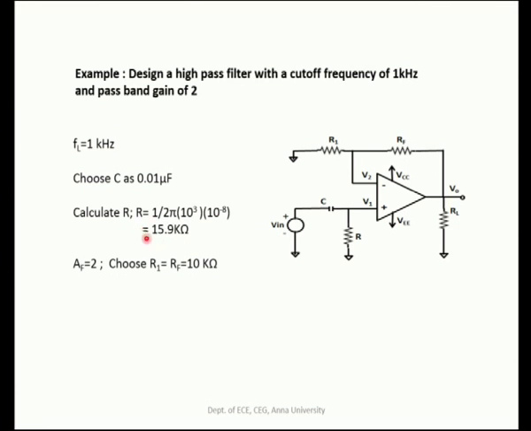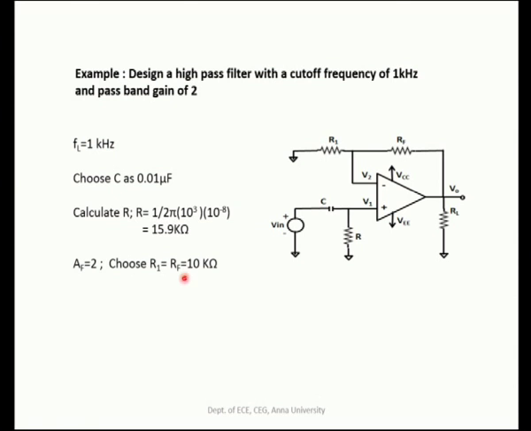The resistance we get is 15.9 kilo ohm. So R must be 15.9 kilo ohm, the C used is 0.01 microfarad, and the pass band gain we want is 2. We choose R1 and RF to be equal to 10 kilo ohm, because we know AF is 1 plus RF by R1.